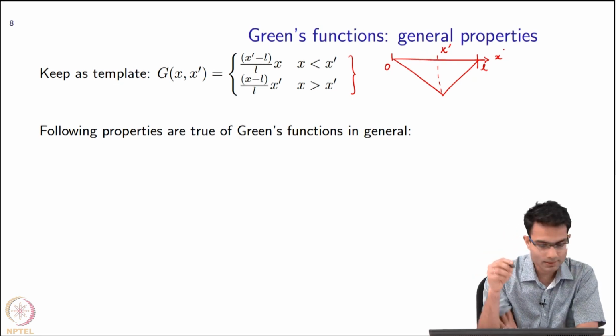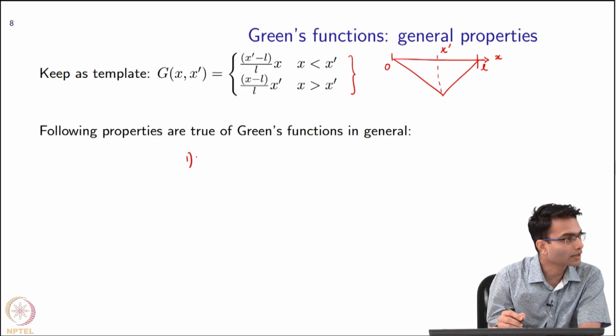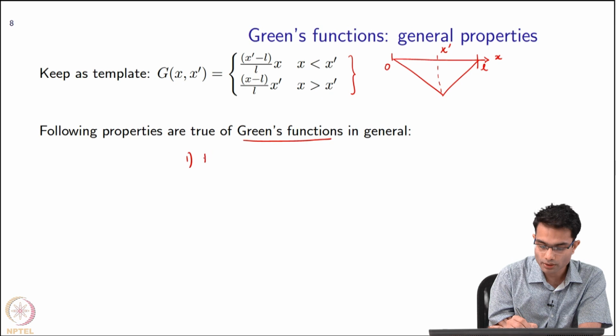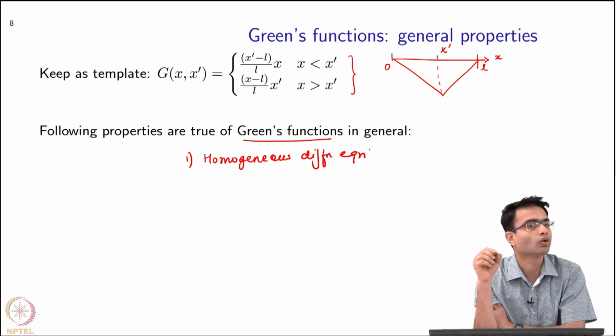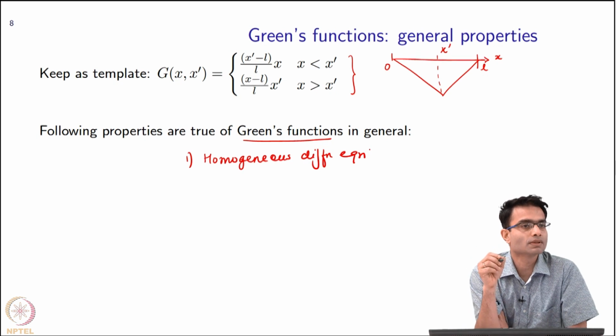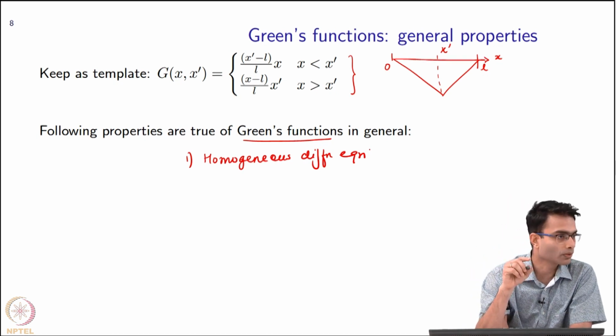So the first is, we are talking about properties of the Green's function. If I look at the homogeneous differential equation, homogeneous means the right hand side is 0, right?